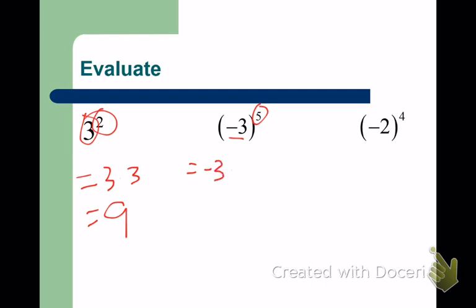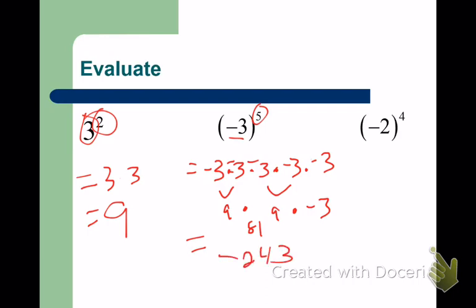That means negative 3 times negative 3 times negative 3 times negative 3 times negative 3. So, a negative times a negative makes a positive, so we're going to get positive 9 times positive 9 times negative 3. 9 times 9 is 81. 81 times negative 3 is negative 243.